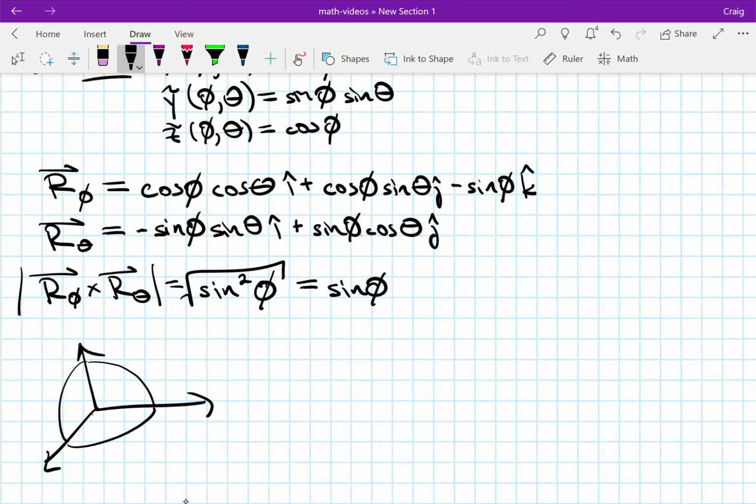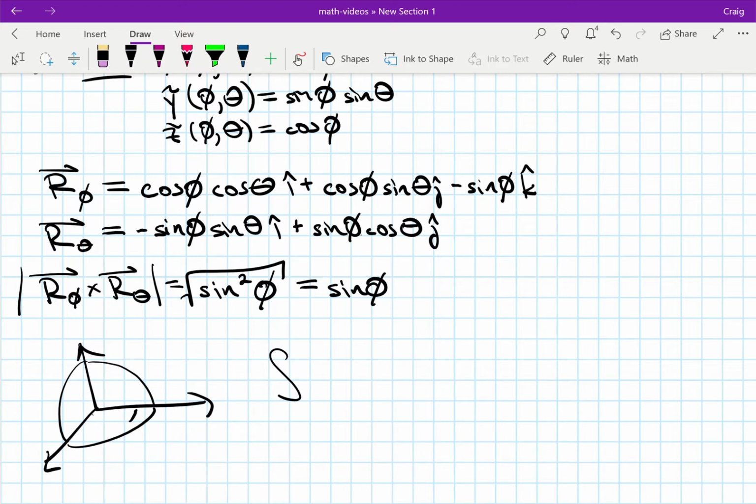So if we think about the limits of integration on phi and theta, our limits of integration on both of them should be going from 0 to pi over 2. Phi goes from 0 to pi over 2 because we're just in the northern hemisphere, and theta goes from 0 to pi over 2 because we're just thinking about a single quadrant.